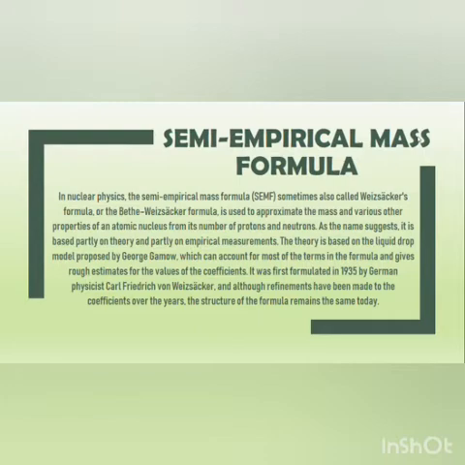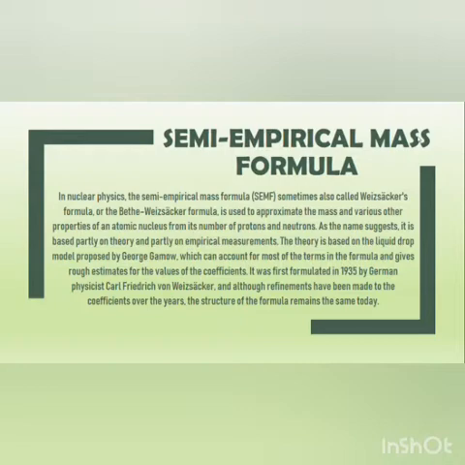In nuclear physics, the semi-empirical mass formula is also called Weizsäcker's mass formula or Bethe-Weizsäcker mass formula. It is mainly used to approximate the mass and various other properties of an atomic nucleus from its number of nucleons, that is, protons and neutrons. As the name itself suggests, semi-empirical, it is based partly on theory and partly on empirical measurements.